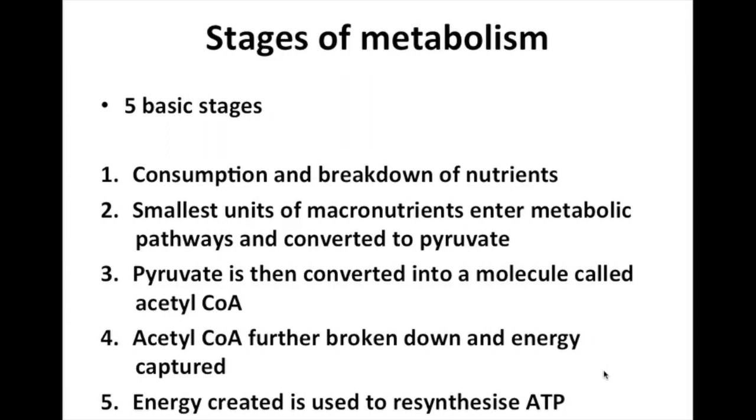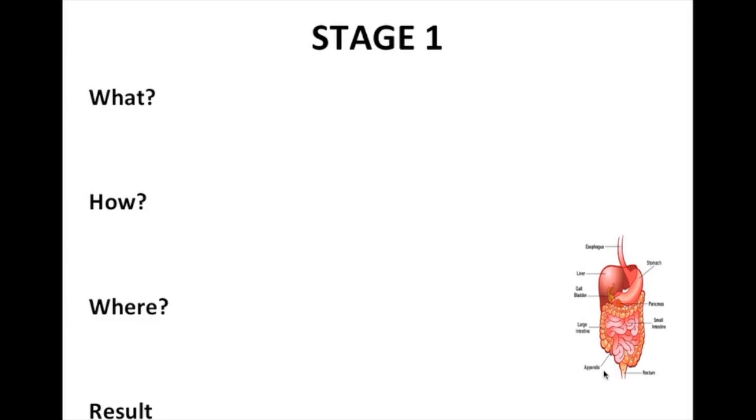And that ultimately, the energy we capture from the breakdown, we use that to reattach the phosphate bond onto ADP to make ATP. So let's look at each stage in a bit more detail. So on each stage, we're going to look at what, how, where, and ultimately what happens.